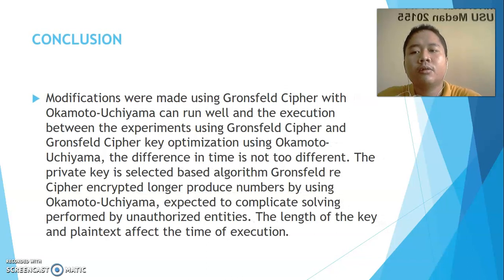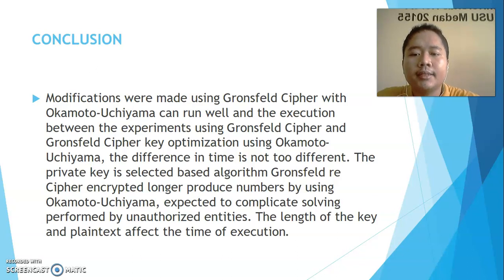So here is the conclusion. The modifications made using Gronsfeld cipher with Okamoto Uchiyama can run well, and the execution times between the experiments using Gronsfeld cipher and Gronsfeld cipher key optimization using Okamoto Uchiyama are not too different.